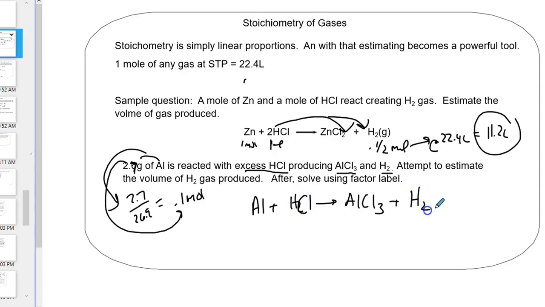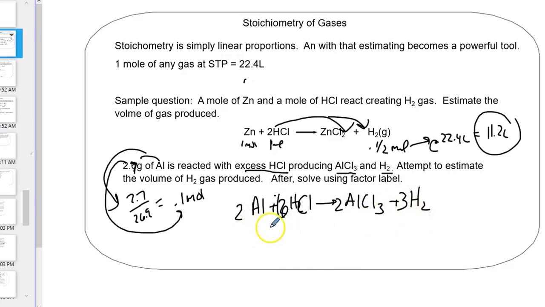So let's say I want to balance this thing. In this case I need 2 here, so we put a 2 here, and I get 2 of those. It's not going to work here, so let's try and double this thing. 2 there gives me a 2 here, 2, 3, 6. So I need a 6 here and a 3 there. Okay, so now I've got my proportion set up.